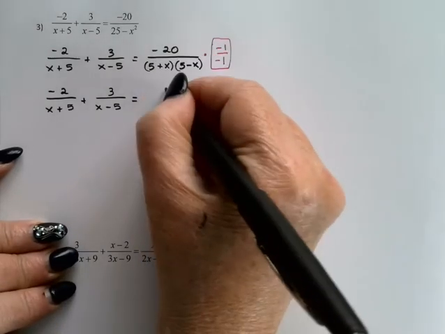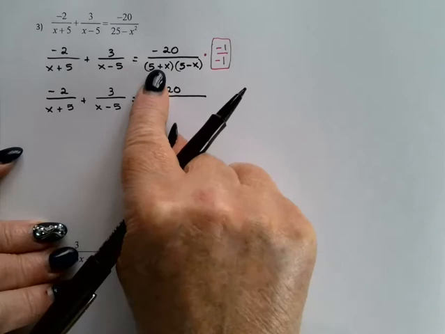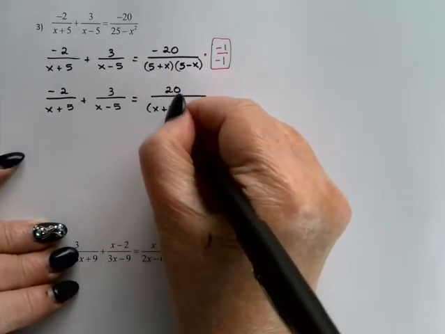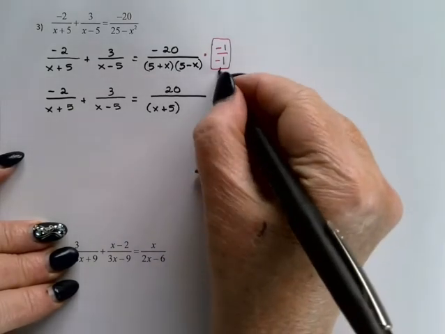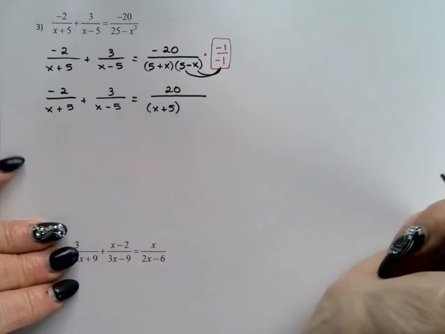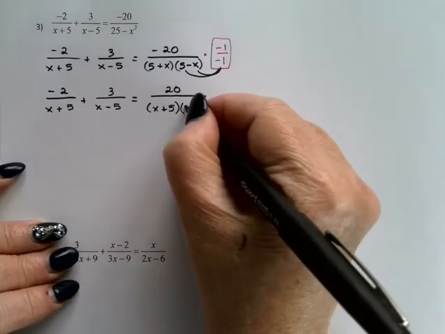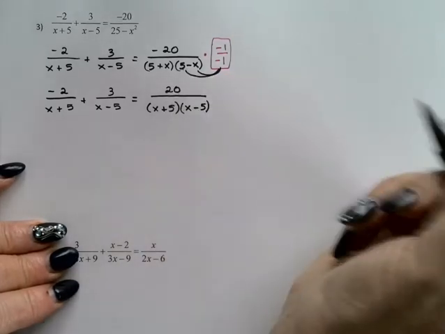That's going to make the top a positive 20. And in the denominator, 5 plus x can just be written as x plus 5 just because I want to, right? Those mean the same exact thing. I'll use the -1 to multiply into the second set of parentheses and turn that into a positive x and a minus 5.